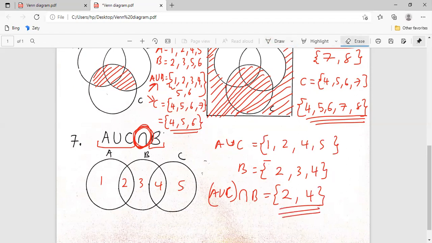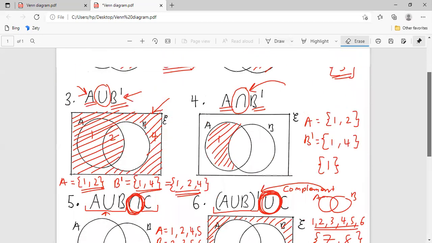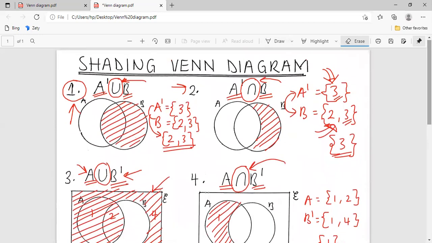So I'm erasing chamber 2 and 4 so that I can shade. There we go. So I shade chamber 2 and also I shade chamber 4. And basically, I get rid of the other numbers because I don't need them. So this is how we shade Venn diagrams using set notations as we have seen.